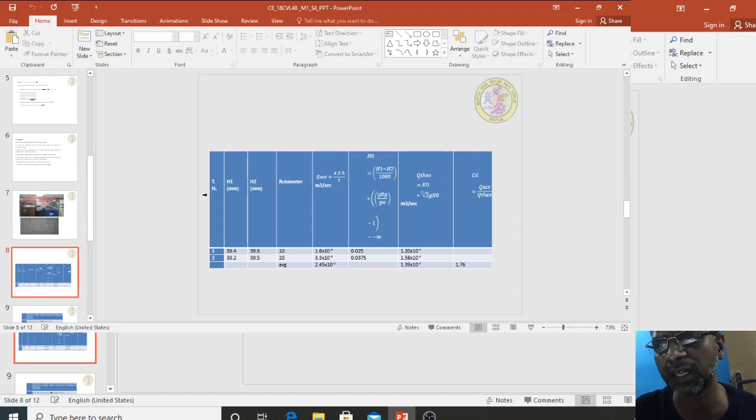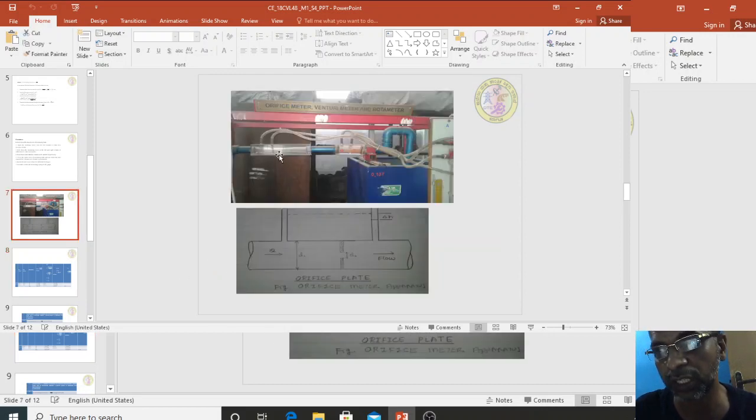Let us take a small example in order to convince the student community about how we have to do the calculation. I have taken only two trials. In the first trial, when you switch on the motor and a steady state condition has occurred, flow of water takes place.